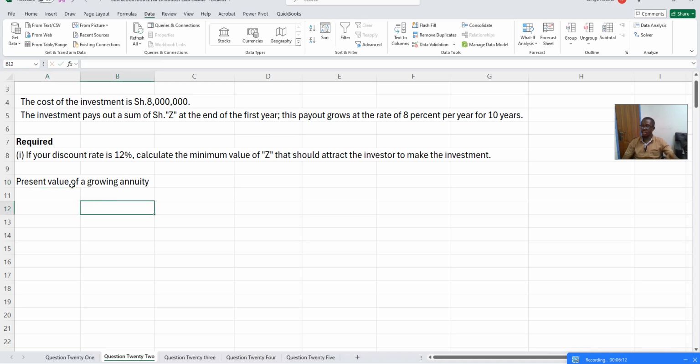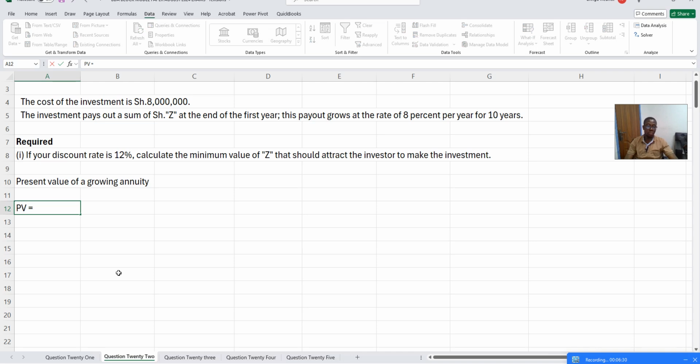It is very important for us to always recall this formula, where we say my present value is equal to P times 1 minus, in brackets, 1 plus our growth rate raised to power n, where n is the number of periods.